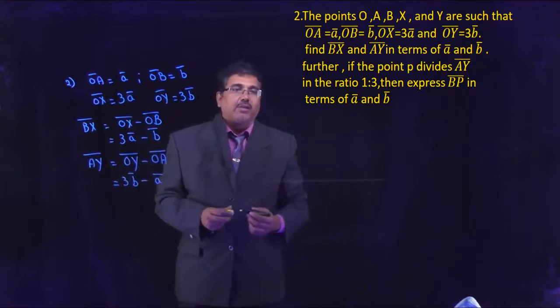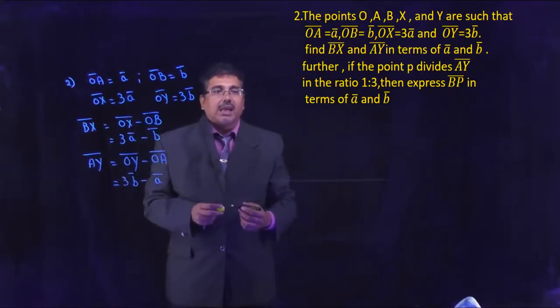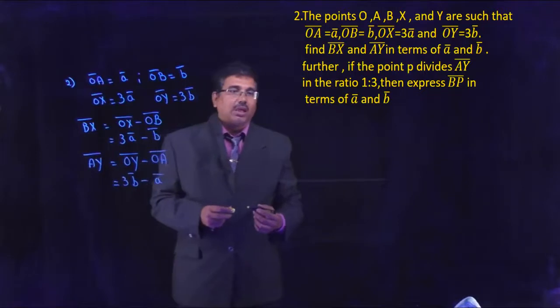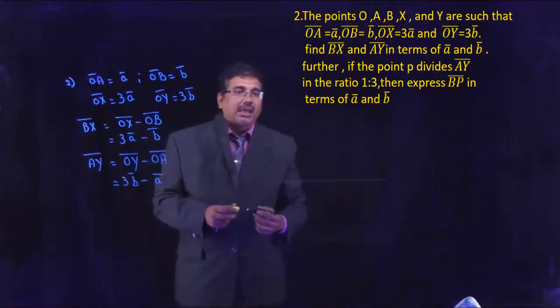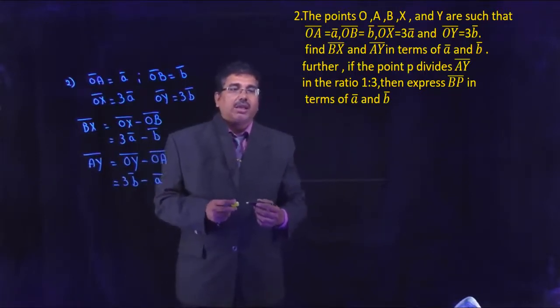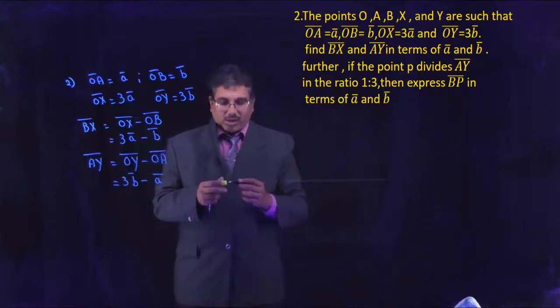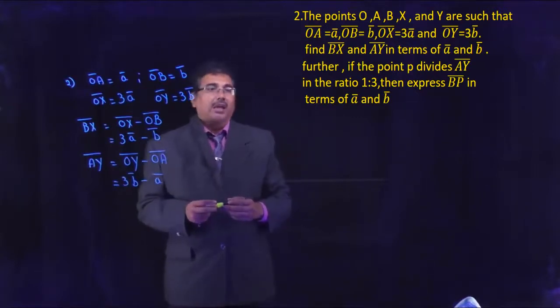Now, if the point P divides AY bar in the ratio 1:3, then express BP bar in terms of A bar and B bar. Right?